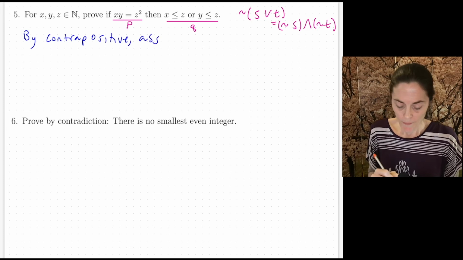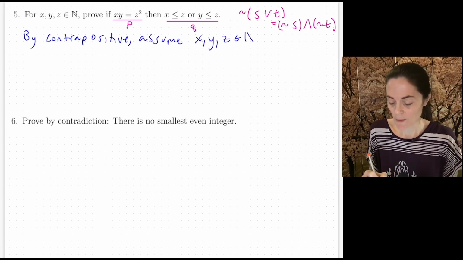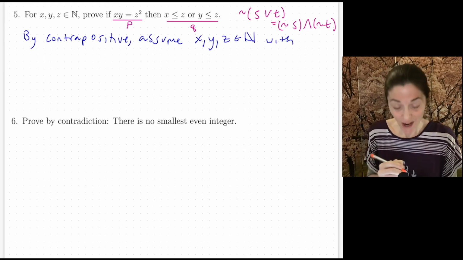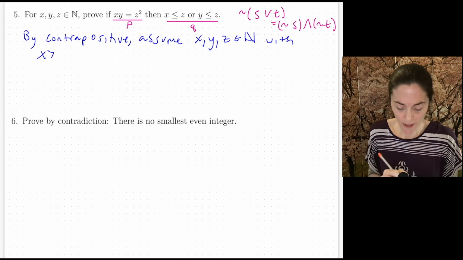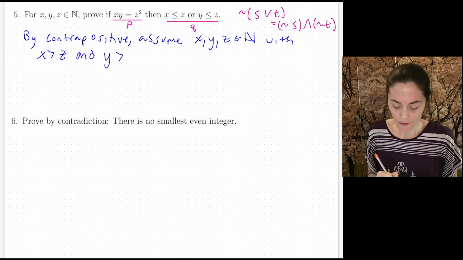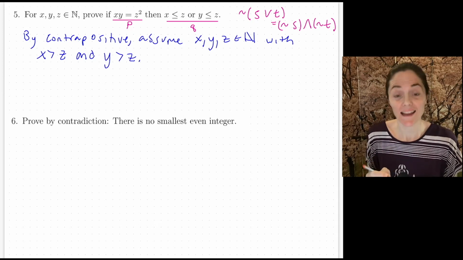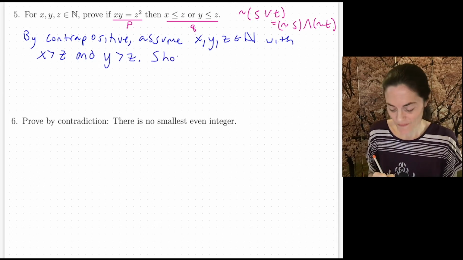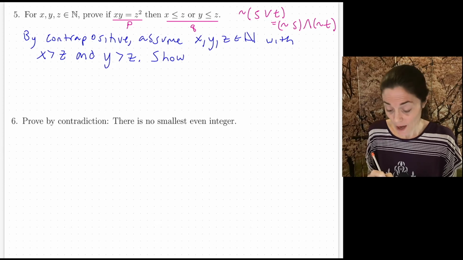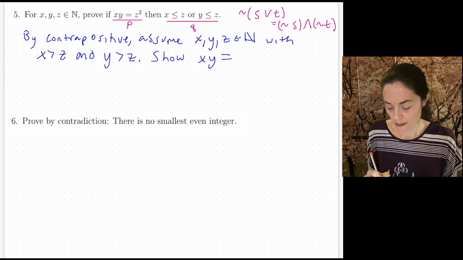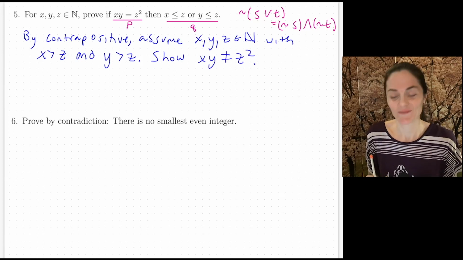We assume, well, we have x, y, z natural numbers. And then this not Q is that x is bigger than z and y is bigger than z. Okay, and I want to show not P, which is that xy is not equal to z squared.